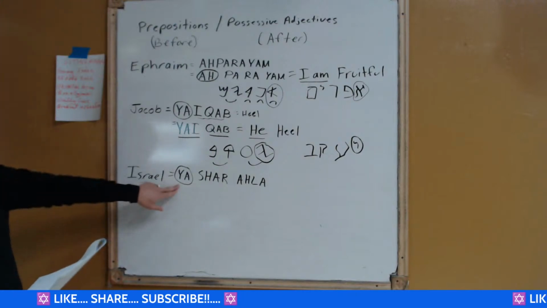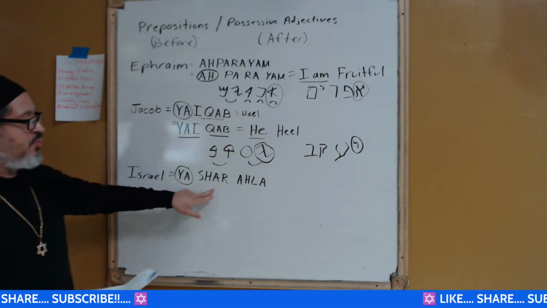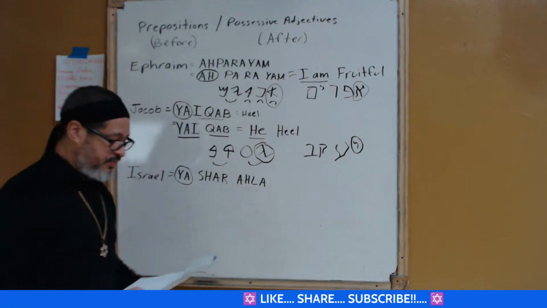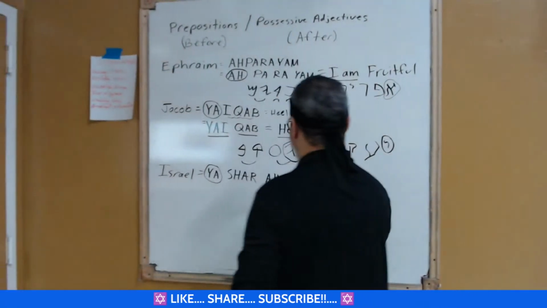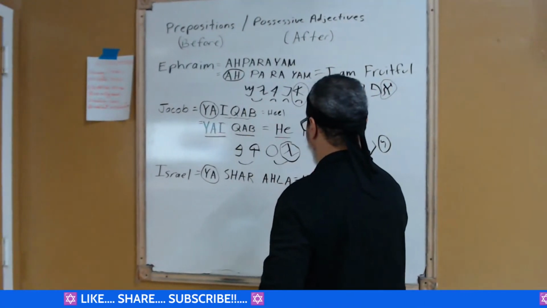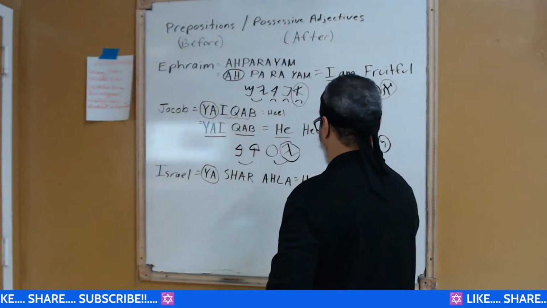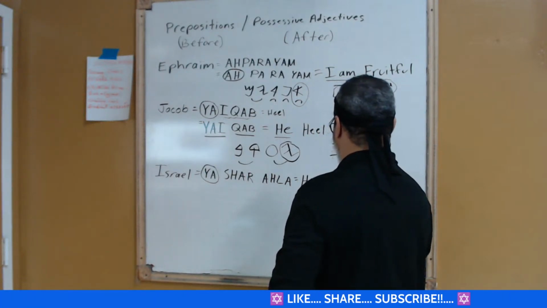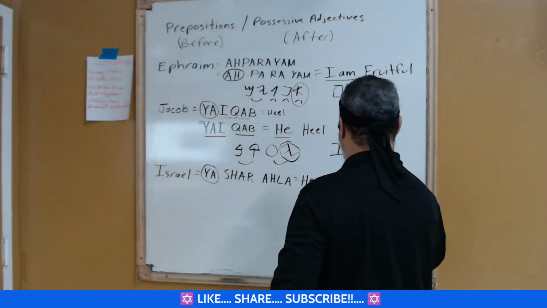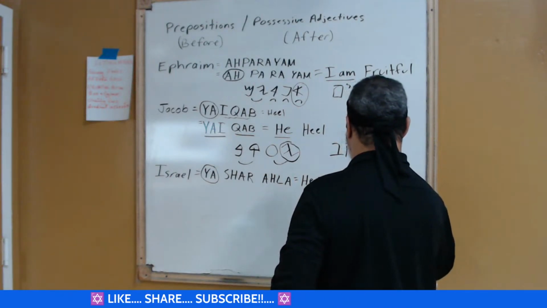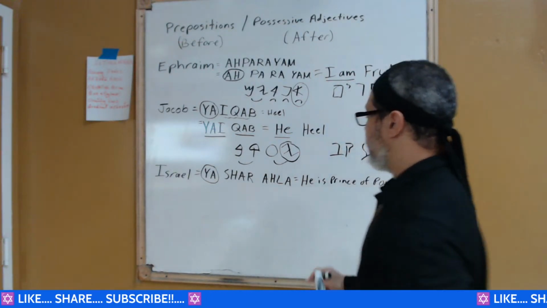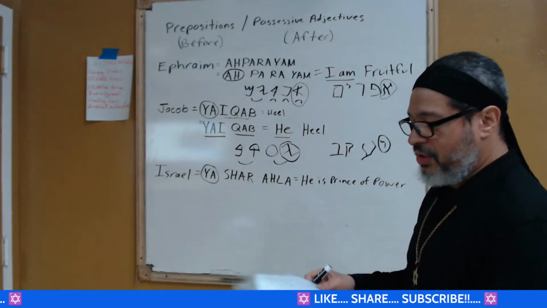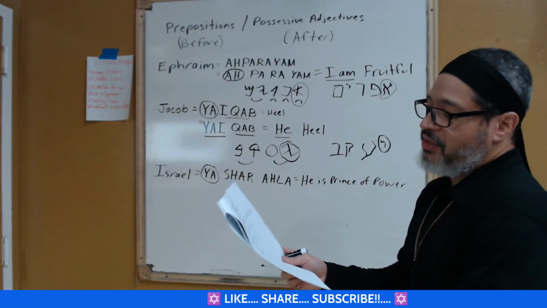This says he is the prince of power. Now, there's no word is in the Hebrew, but that's what the translation comes out to be.